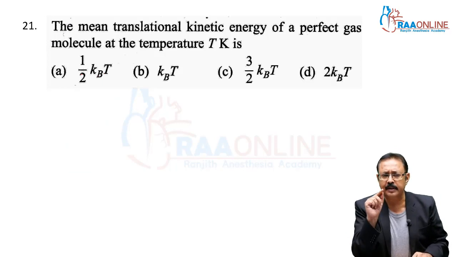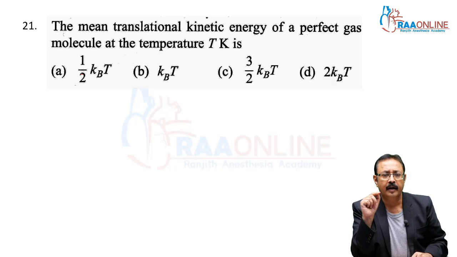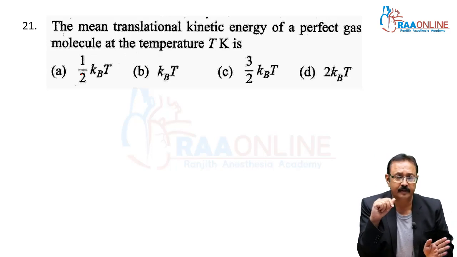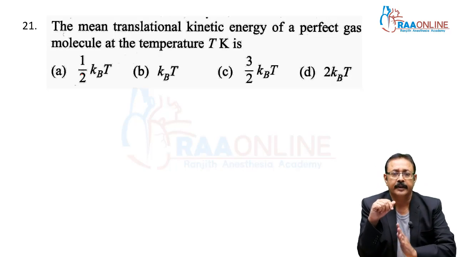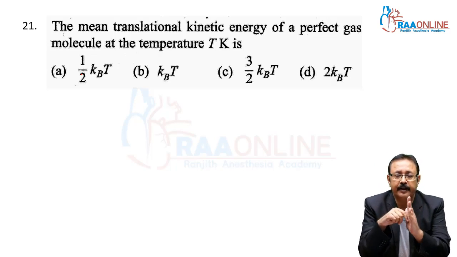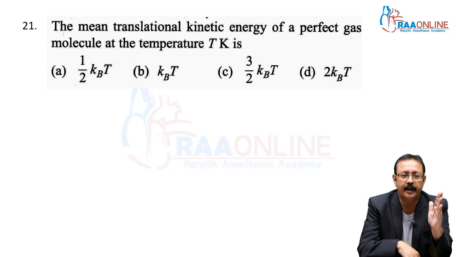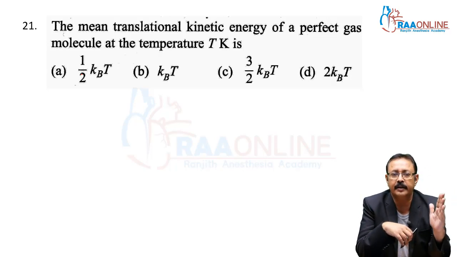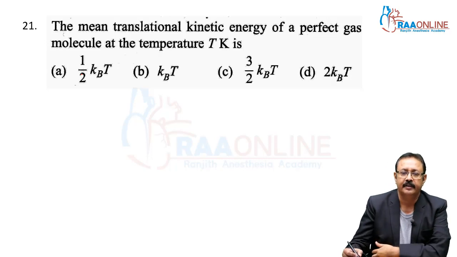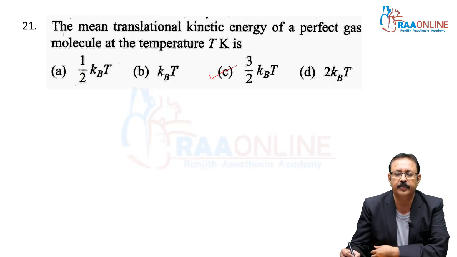The mean translational kinetic energy of a perfect gas molecule at temperature T Kelvin is? We have a complete derivation in our slides before starting the first problem. Translatory kinetic energy for a perfect gas means energy associated with all 3 degrees of freedom, meaning 3 upon 2 kT.